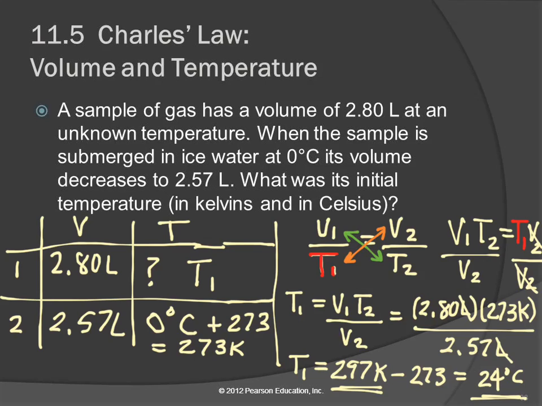What if we didn't convert to Kelvin? What would T2 be in Celsius? It would be 0 degrees Celsius, right? And so what would T1 end up being? 0. Does that work? No, it just plain does not work when you use Celsius, because the conversion involves adding or subtracting, and it doesn't cancel out.